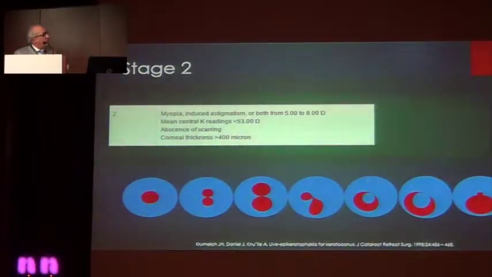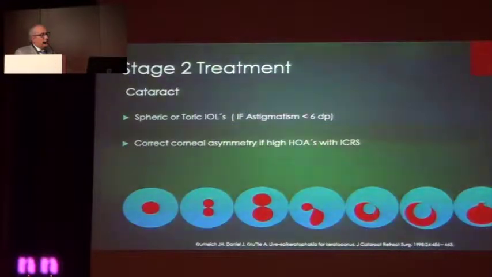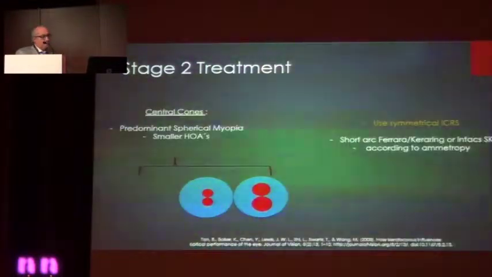This type of patterns is used to define central cones and paracentral cones. These are predominant spherical myopia and predominant cylindrical types. These patients, if they have cataract, spheric and toric IOL, and correct corneal asymmetry at first if they have high HOAs with intracorneal rings.